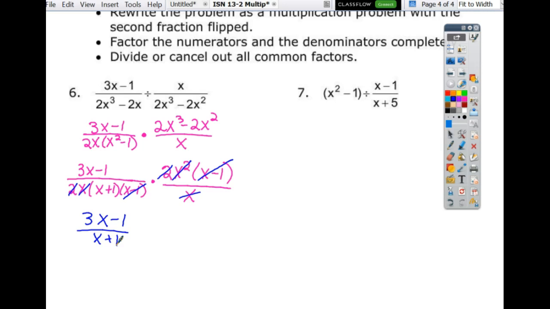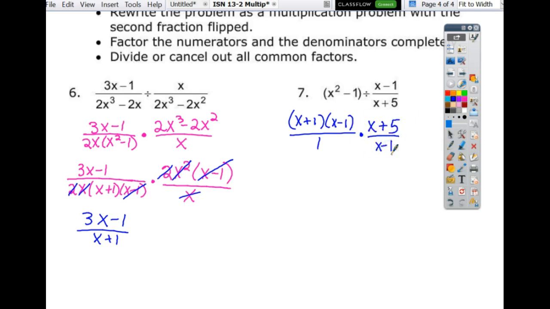Okay, so on this one, x squared minus 1 is a perfect square. So how does that factor? And then I'm just going to put a 1 underneath here. And what do I change the division to? Very good. We're just going to flip it over and change it to multiply.